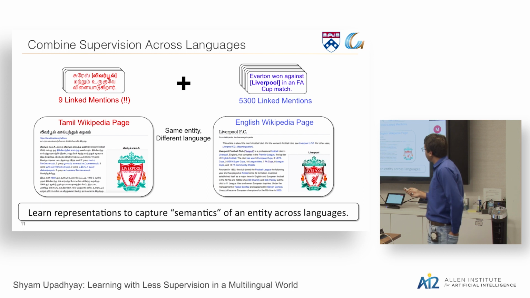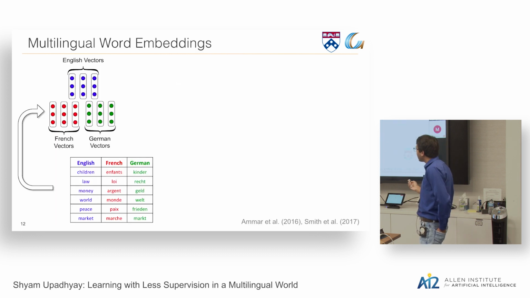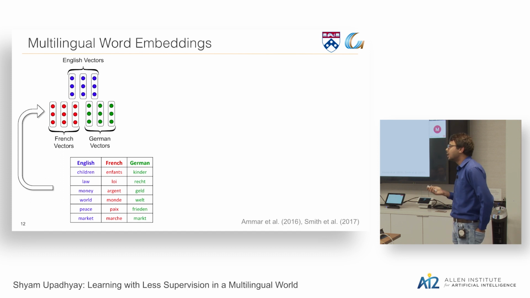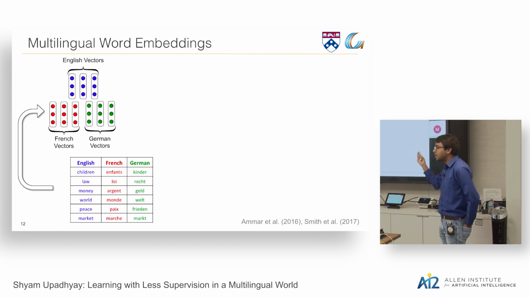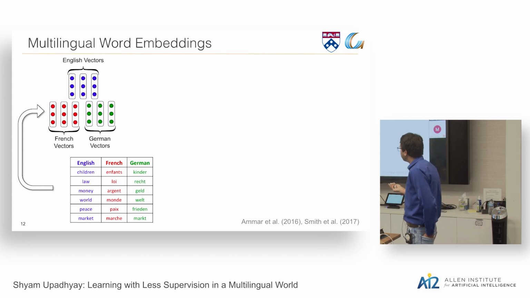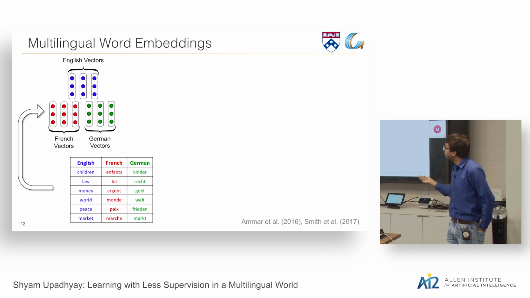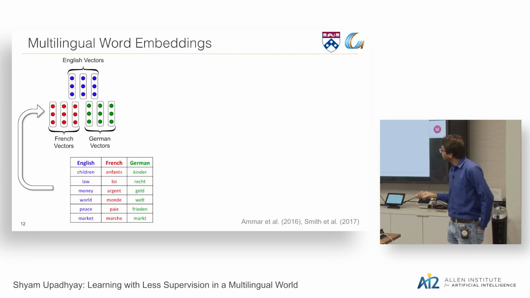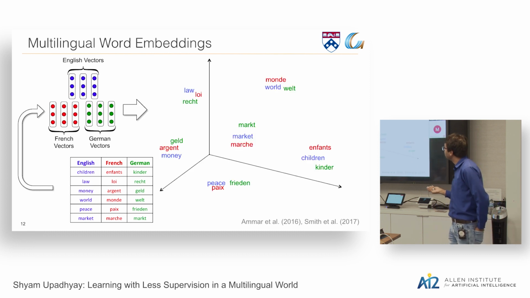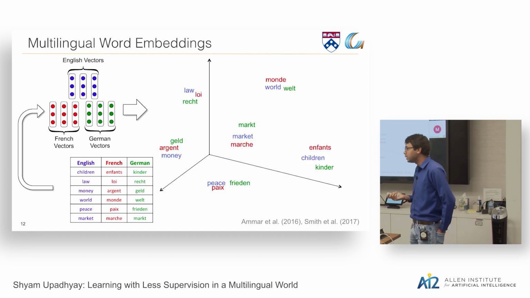Okay. All right, so we already know how to learn representations that capture the semantics of words across languages, namely via the medium of multilingual word embeddings. So these embeddings encode discrete translation dictionaries in 2 or more languages, such as the one shown here, into a vector space, such that words which are translationally equivalent cluster together in high-dimensional space.